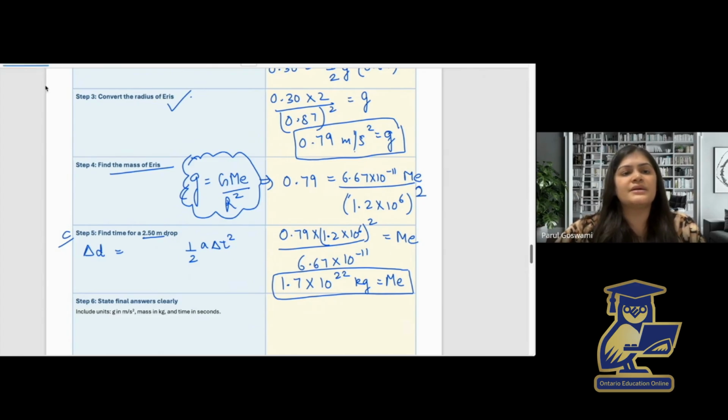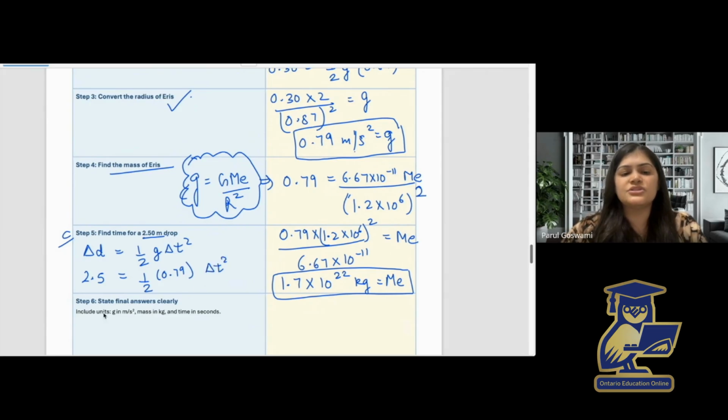So it would be delta d equals half a delta t square, and a, that means acceleration due to that planet, we have already calculated, which is 0.79. We can just substitute the values here. Delta d is 2.50 equals half, g is 0.79, and delta t square.